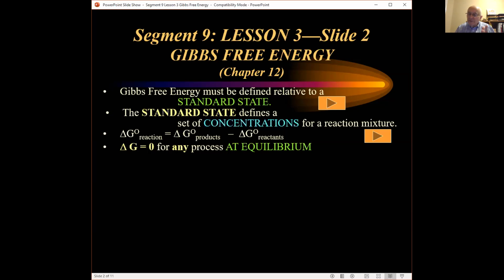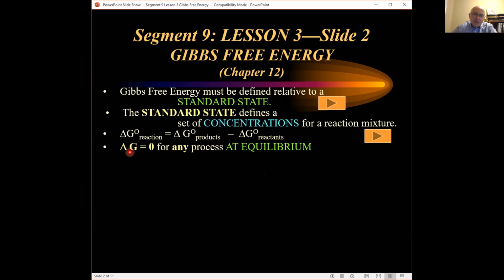If we're involving compounds, it's going to be at 1 atmosphere partial pressure for that compound at 25 degrees or 298 Kelvin. And the standard mixture then is defined by the reaction and the number of moles of gases that's present. In general, the mole fraction of each component is 1 divided by the total number of gaseous components.